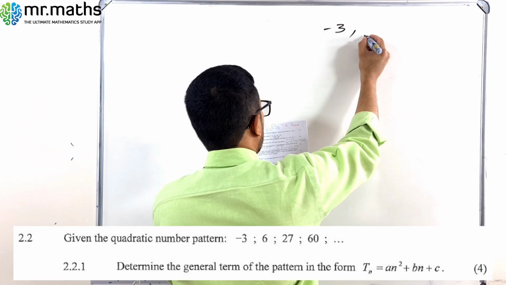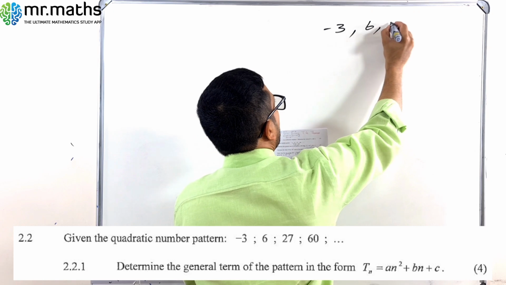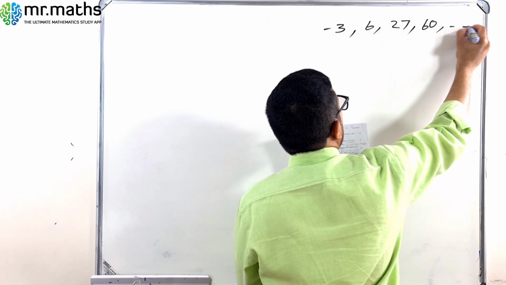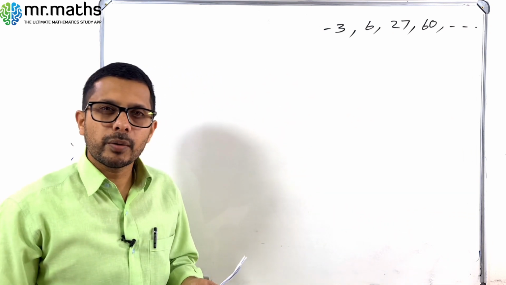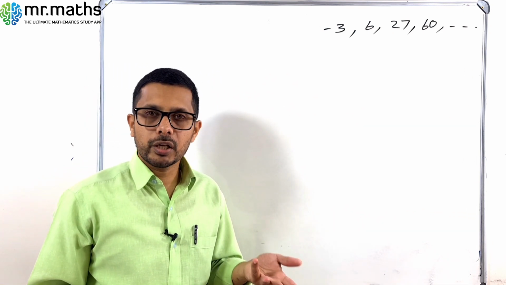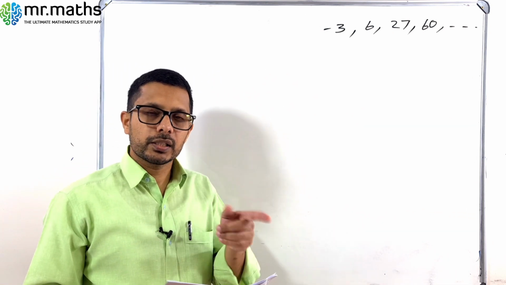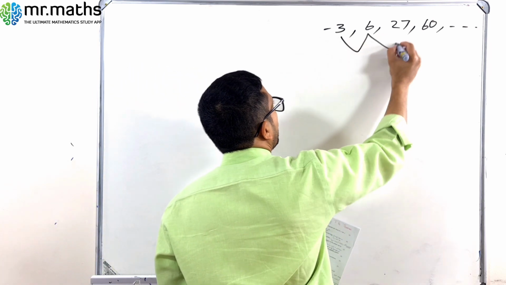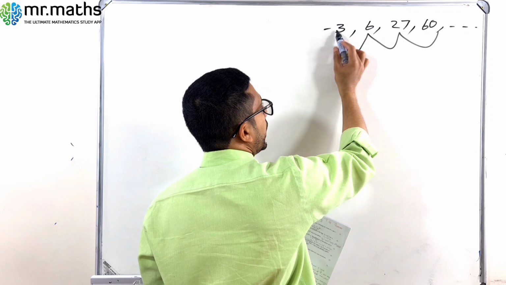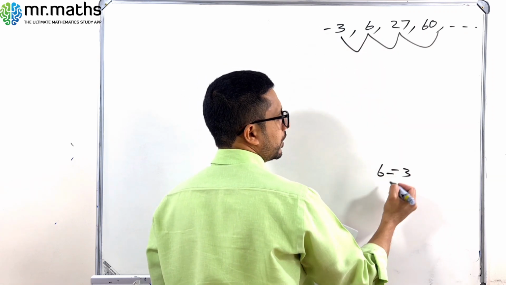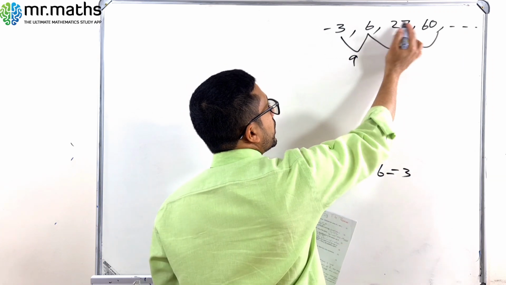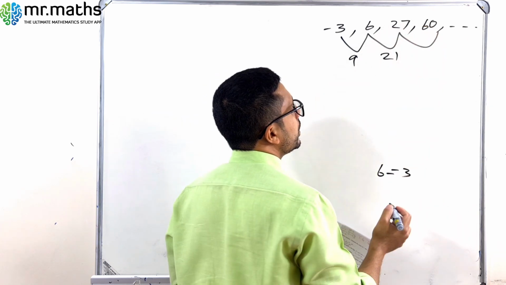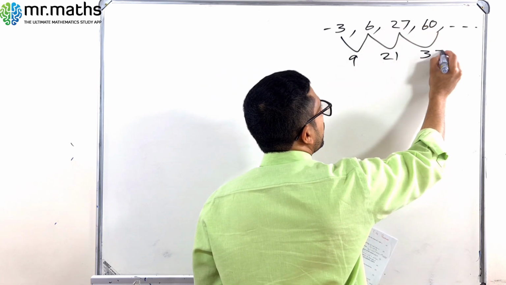Minus 3, 6, 27, 60, etc. If it is a quadratic number pattern, you can find the second difference, and the second differences are the same. So let's check what the second difference is. Here we have to subtract: 6 minus 3, so it is 9. 27 minus 6, that is 21. 60 minus 27, that is 33.